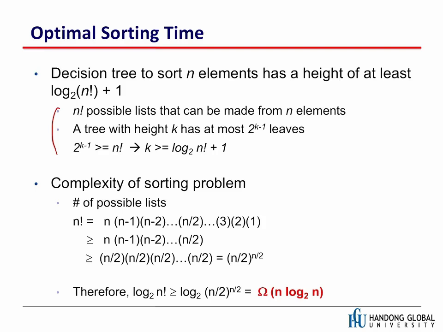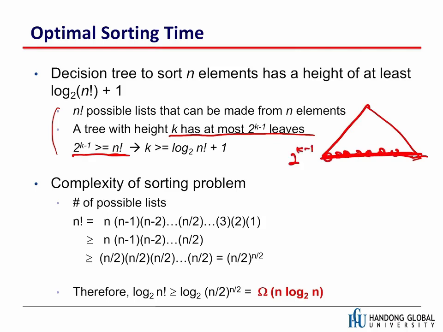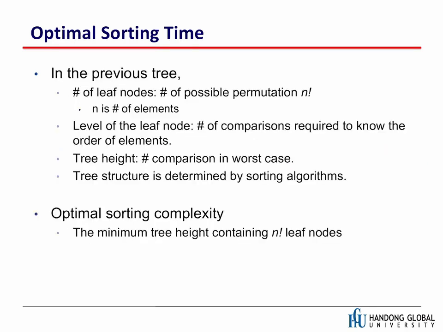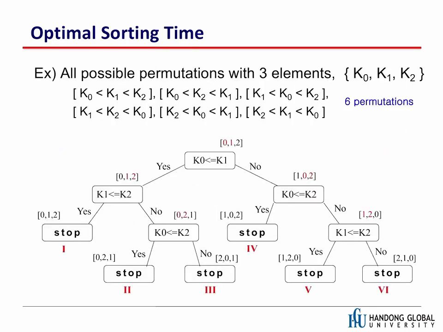Okay, so now let's use some equations to express these terms. So 2 to the power k minus 1 should be larger than or equal to n factorial. Basically, in a binary tree, at this layer, we can have at most 2 to the power k minus 1 nodes. And in the previous slide, in this tree, we have some permutations at this layer and some permutations at this layer.